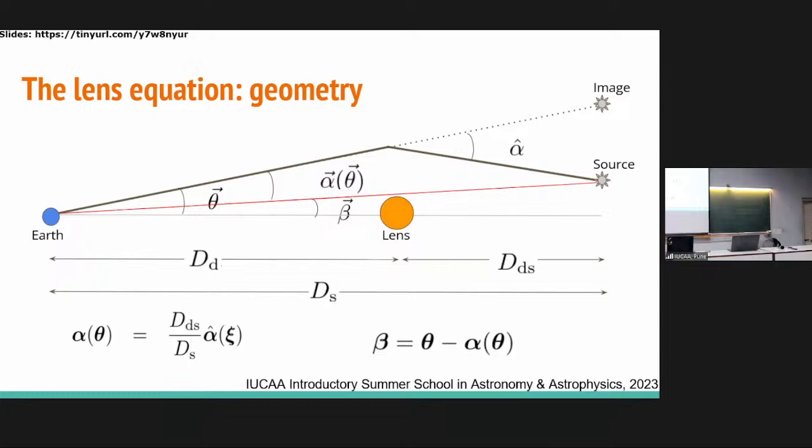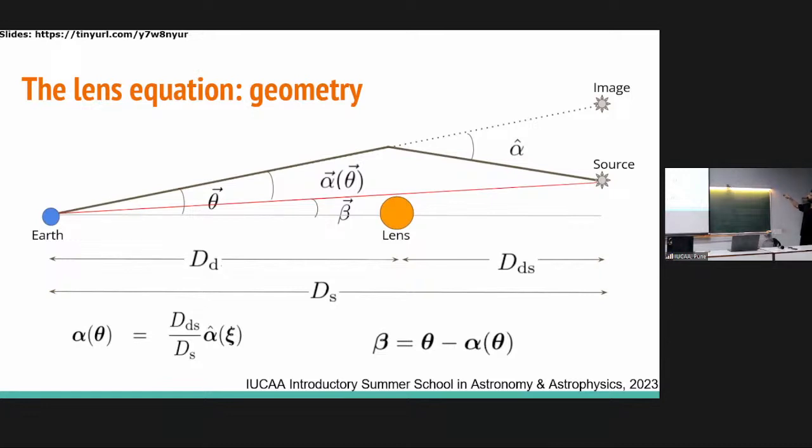So what are these distances? The first distance is between the Earth and the deflector, that's why it's called dd. Then the distance between the lens and the source is called dds, deflector and source. And the distance from the Earth to the source itself is ds. So how are these two angles related? If you take alpha, multiply by ds, you get this particular distance.